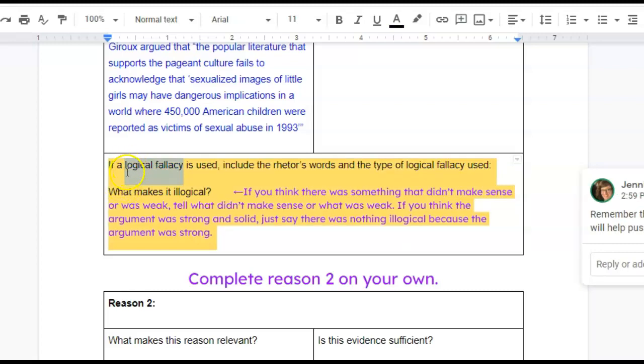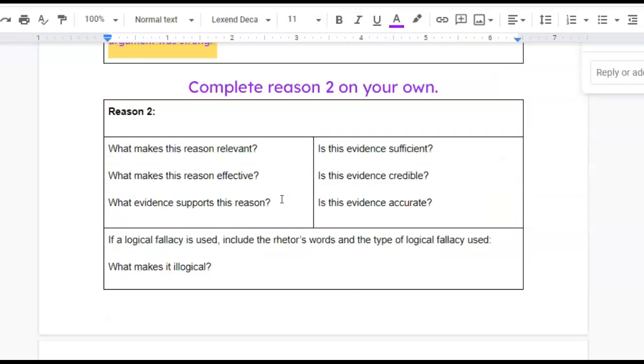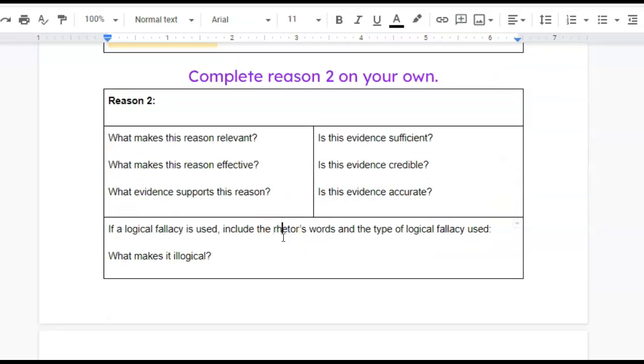Even if you're not sure about the fallacy, you could at least attempt to answer, is there anything illogical about the argument, or was everything logical and solid to you? If you want to try to push your score higher, this is a section that you can attempt on either one reason or both reasons if you want.